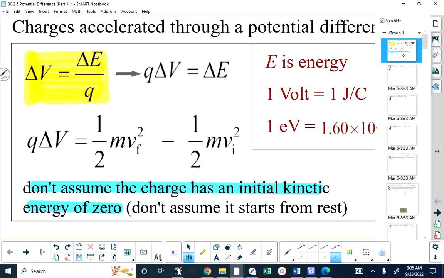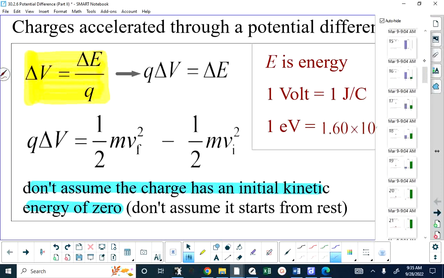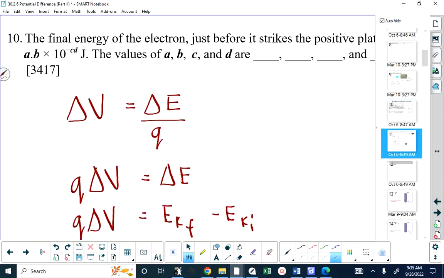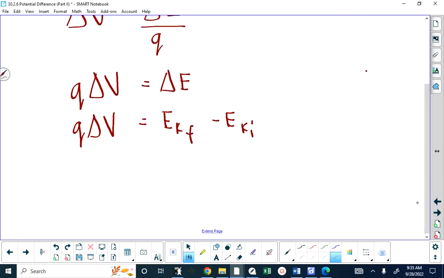You may not have to do the whole thing. What this question in number 10 is asking is, what's the final energy? Well, the final energy EKF will be equal to EKI plus Q delta V.